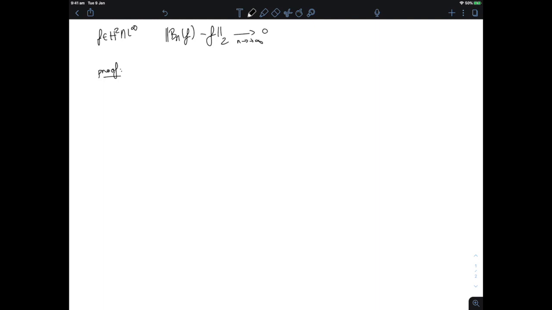All right, so first lemma: Bn of F tends to F in L2 norm for F in H2 intersected with L infinity. So the first thing to remark, that was this remark that we had about Bn of F of omega being a martingale. Now what we have here is that Bn of F of omega, for fixed omega as a function of t, is a martingale.